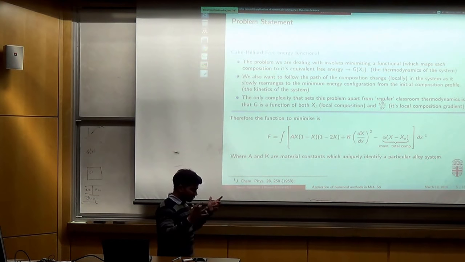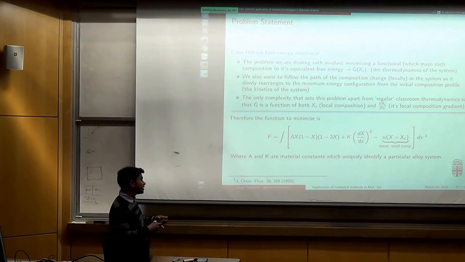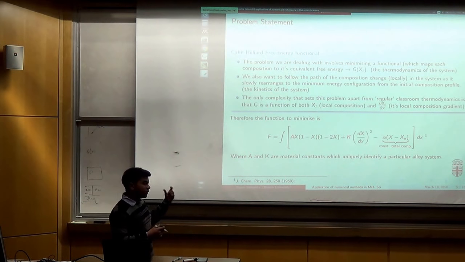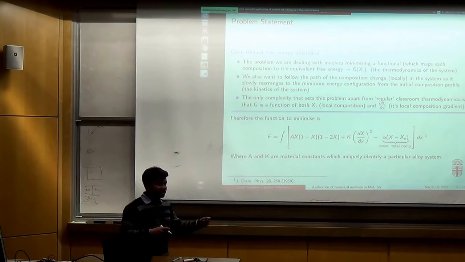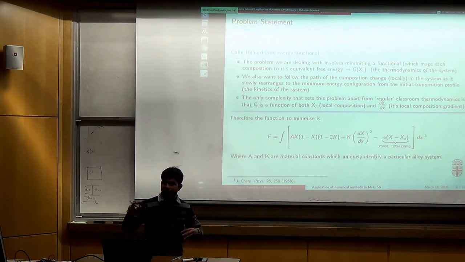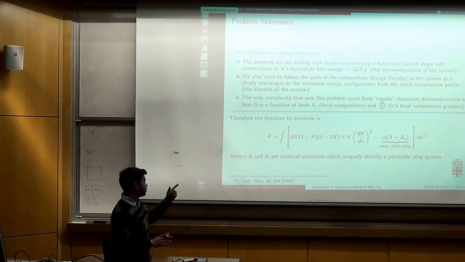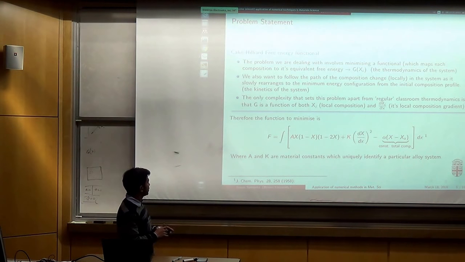This is where it's known as the NVT ensemble, kind of, where the overall amount of material remains fixed. It just gets distributed in the areas of the system, but it remains fixed. So we do need to add this Lagrange multiplier over there.